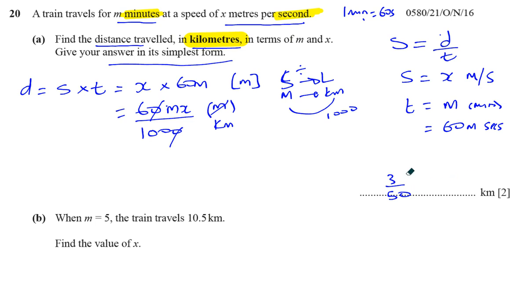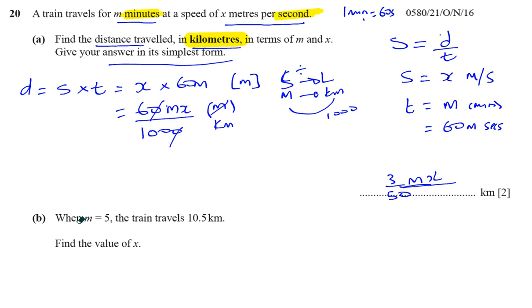That's like 6 over 100, so it will be 0.06. But you can write it as 3 over 50. That's perfectly fine. Okay, so that's part A. So you just got to take care about the units in this question, not to get confused by them. I'm sorry, 3 mx over 50, of course. Okay, in terms of m and x, I've got the mx there. 3mx over 50, that's fine.